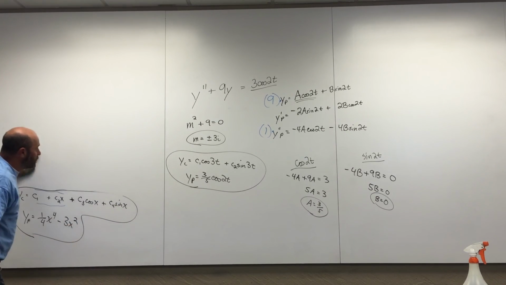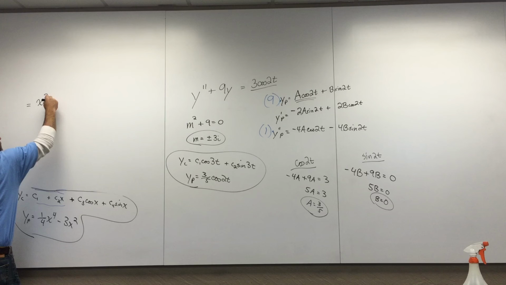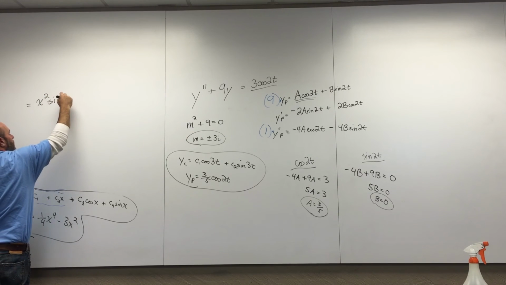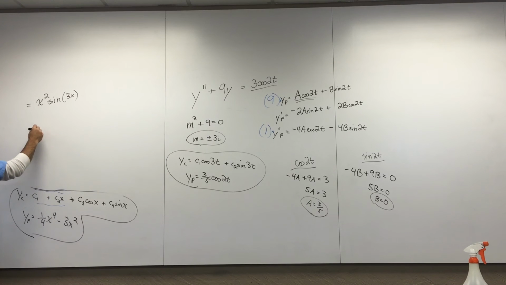But I do want to do something else here for a second. Let's just pretend we're doing this game where we're guessing. So what if you had an x squared sine 3x? If this was your right-hand side, what would be your guess?